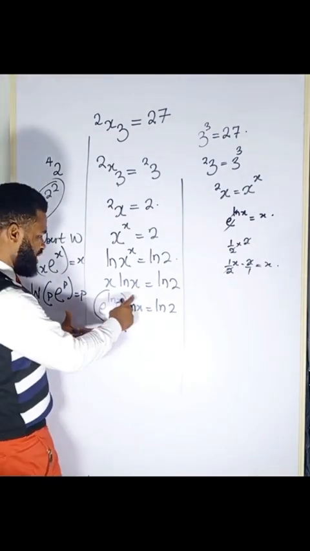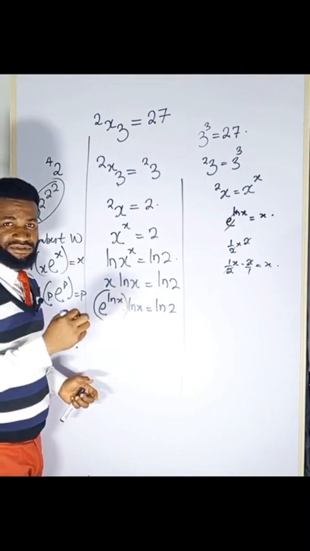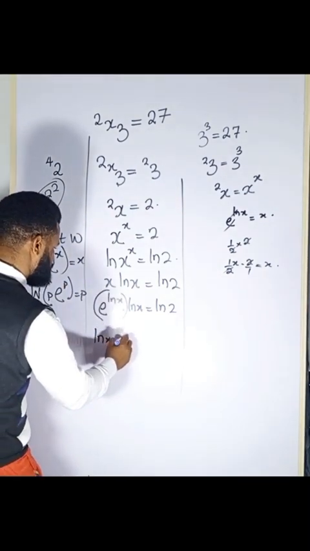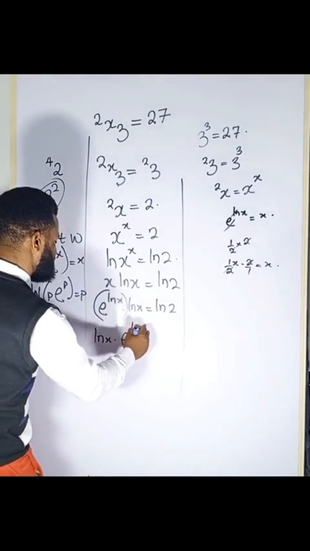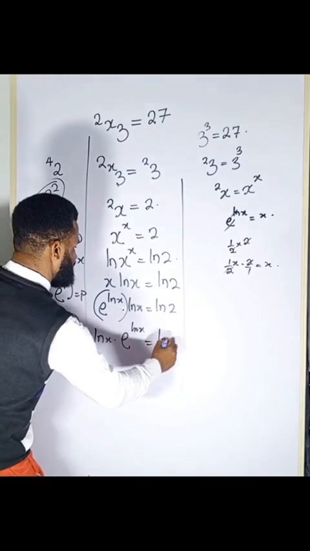So this is what we call the Lambert W function. I'm going to write this to look like this so that I can apply the Lambert W function. So I'm going to have ln x e to the power ln x, which is equal to ln 2.